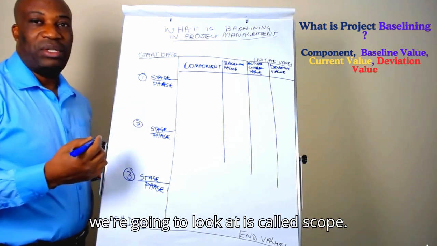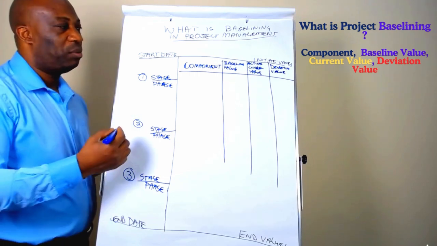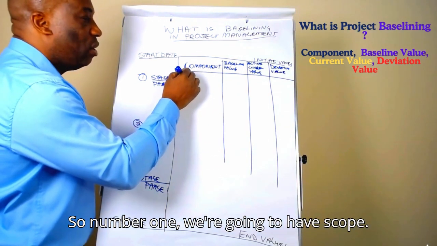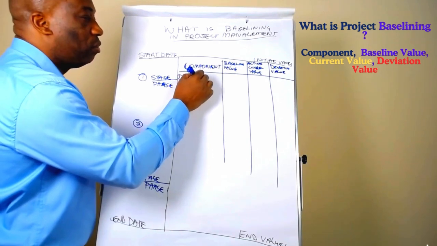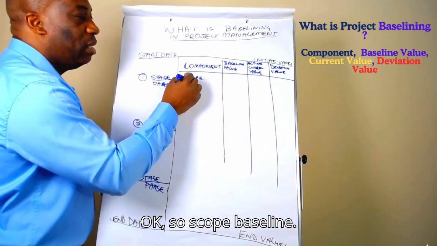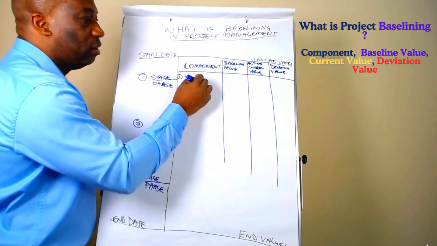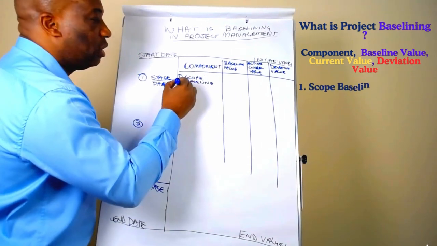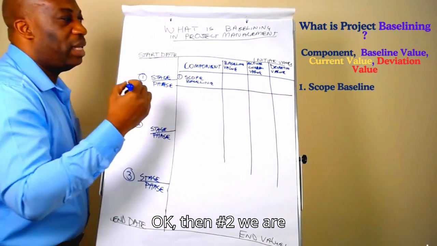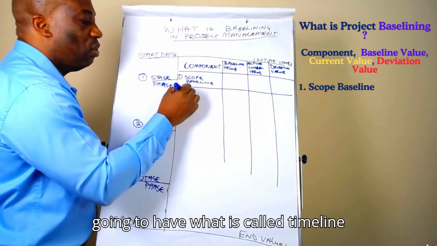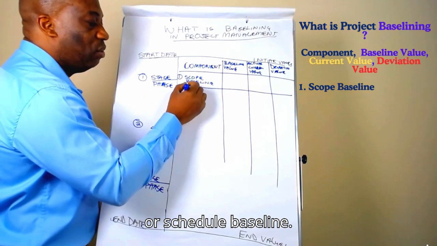The first component we're going to look at is called scope. So number one, we're going to have the scope baseline. Then number two, we are going to have what is called the timeline or schedule baseline.